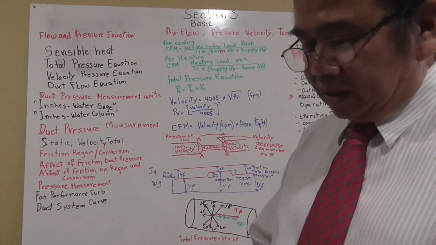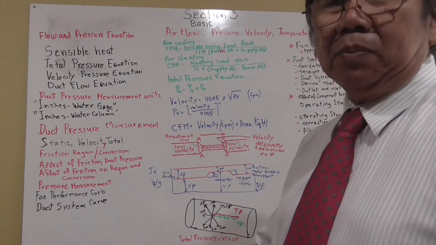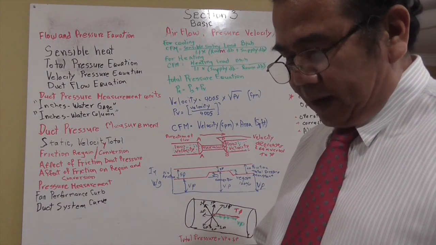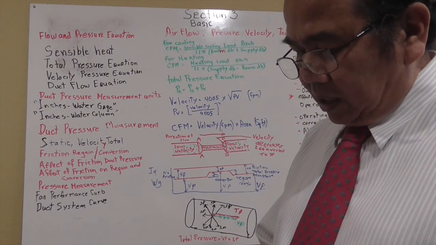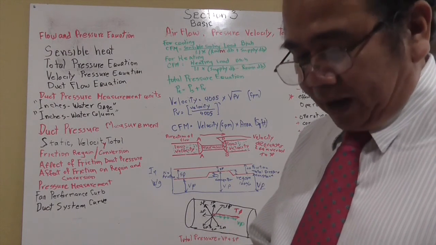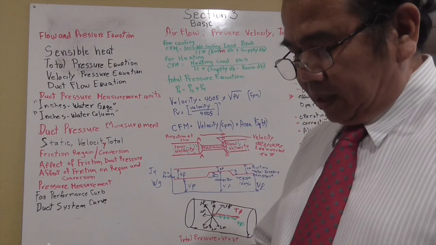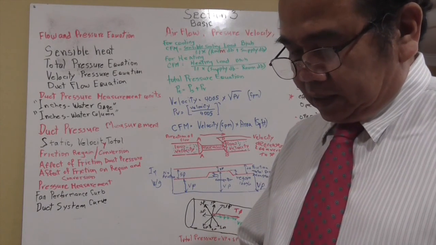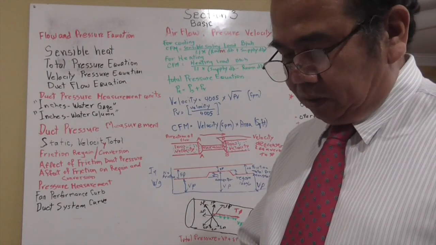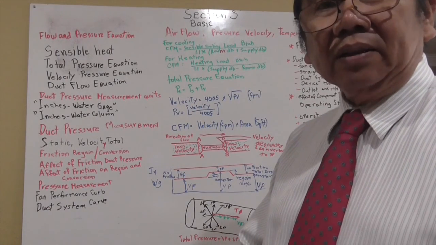Okay? Total fan curve, and then the speed change. The total fan curve is appropriate to show how fan pressure in inches of water is related to fan flow rate, CFM.